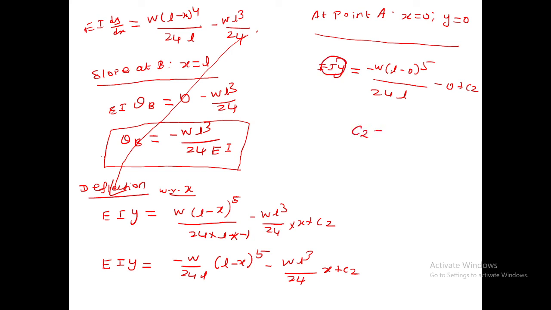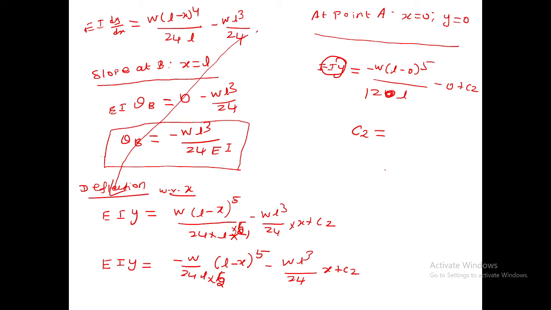So C2 equals W L power 5 divided by 24L, multiplied by 5 because of the power 5, so here 120.